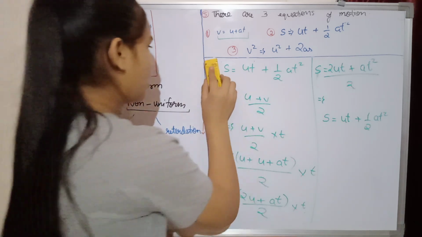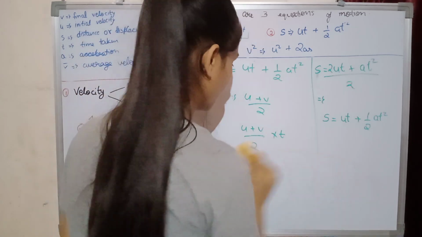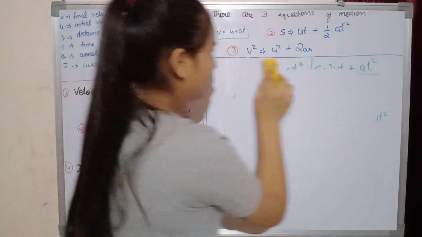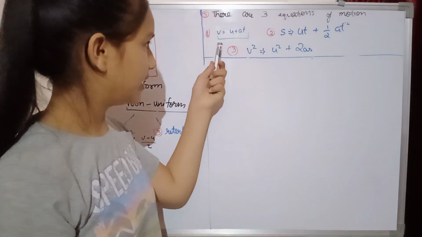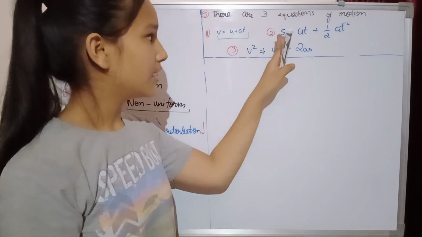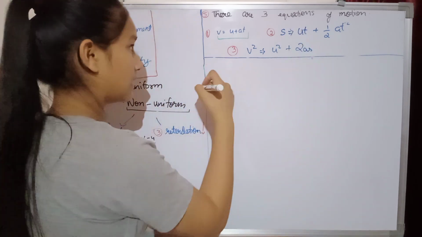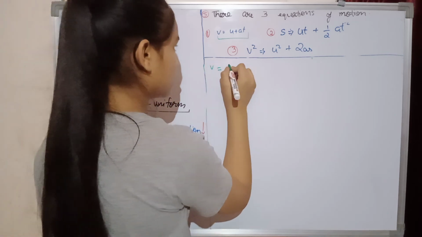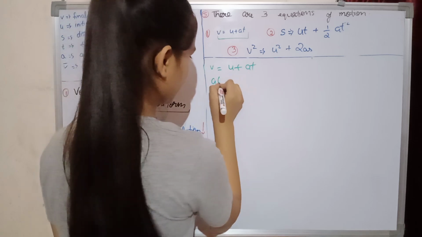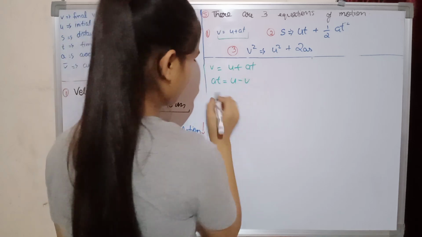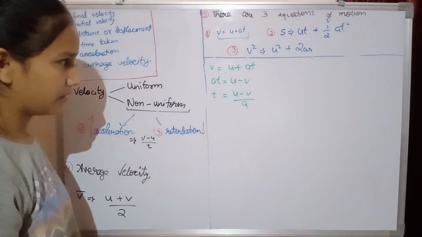Now we will derive the third equation of motion. Now we know the value of V from the first equation and the value of S from the second equation. Now we can rearrange V is equals to U plus AT in the form of AT is equals to V minus U, or T is equals to V minus U upon A. Okay.